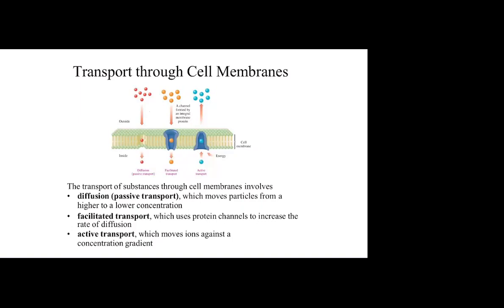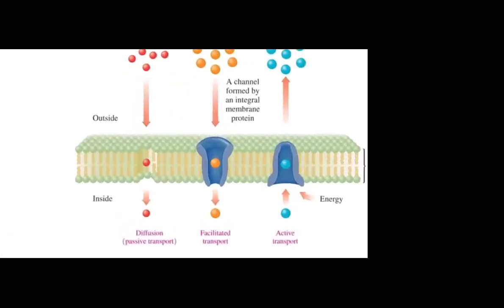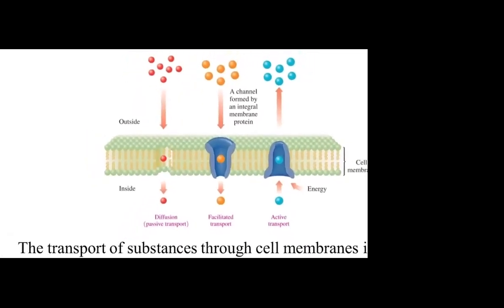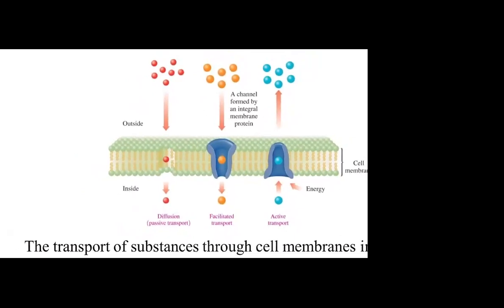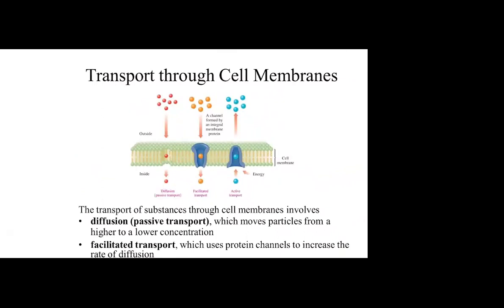The first one is diffusion, okay? And diffusion is also known as passive transport, okay? So diffusion, as you can see in the first image here, is going to let things from outside of the cell come inside of the cell, and things are going to move from higher concentration to lower concentration, okay?